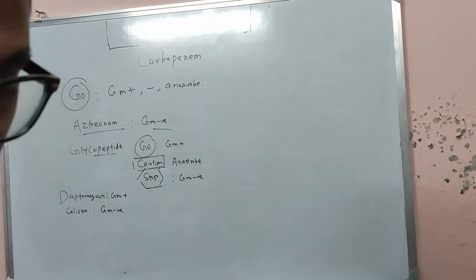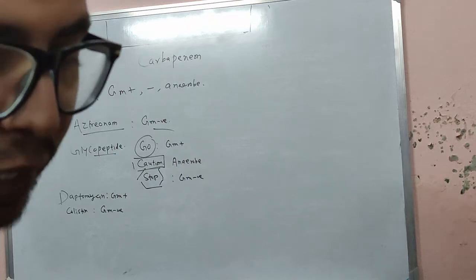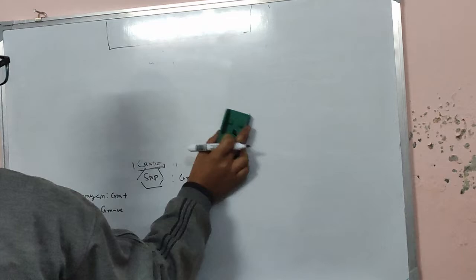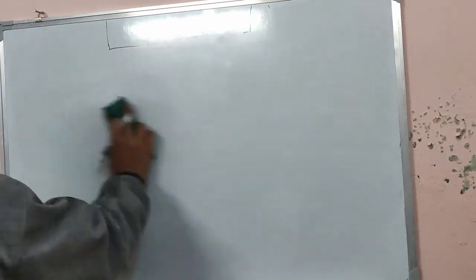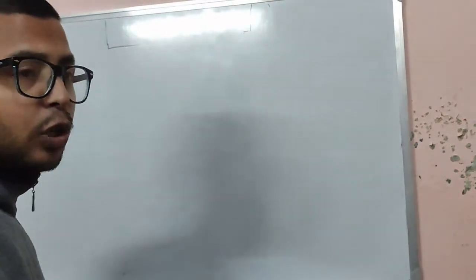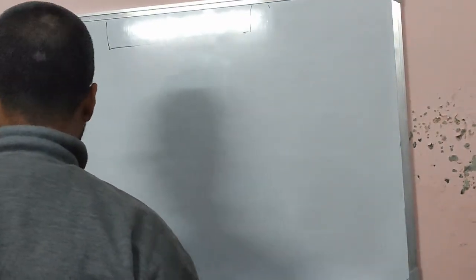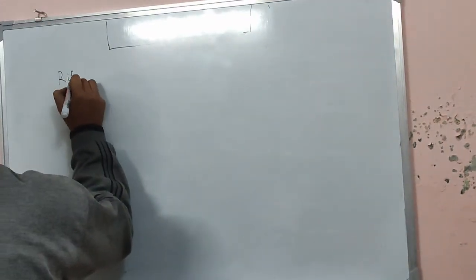Now this was all about cell wall acting agents. Now we are starting with protein synthesis inhibitors. I already told you rifamycin, aminoglycosides, macrolides, tetracycline, chloramphenicol, clindamycin, linezolid, nitrofurantoin. So let's start with rifamycin.